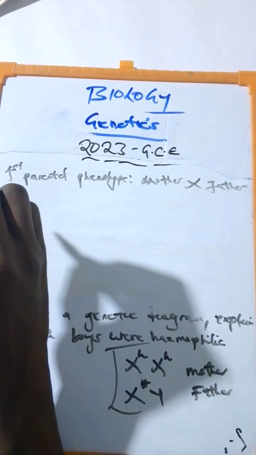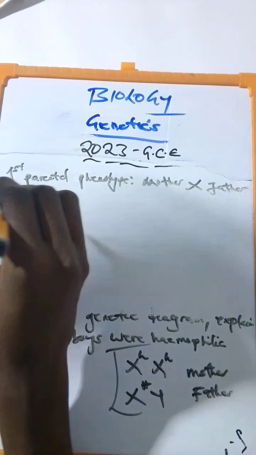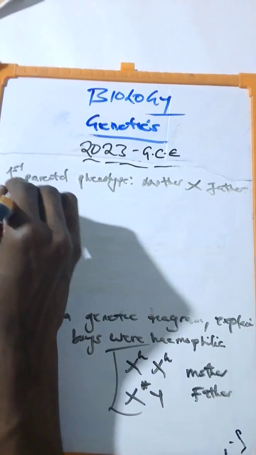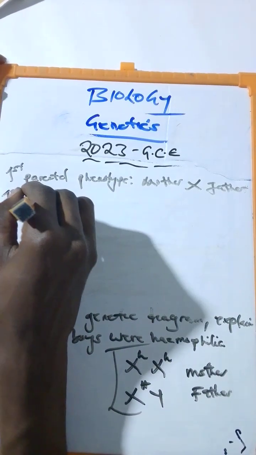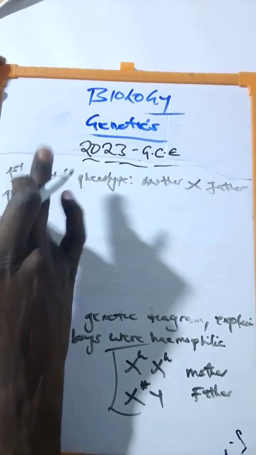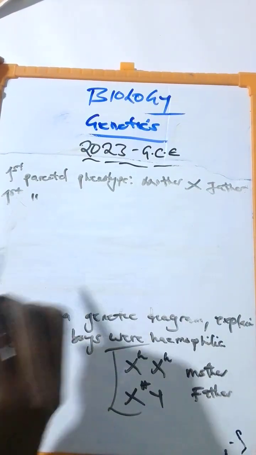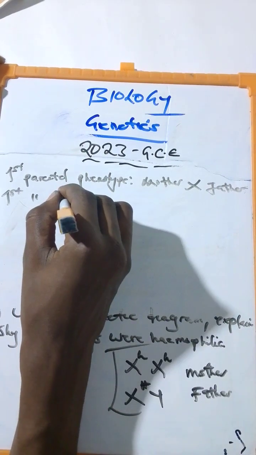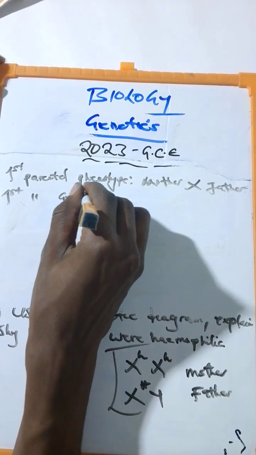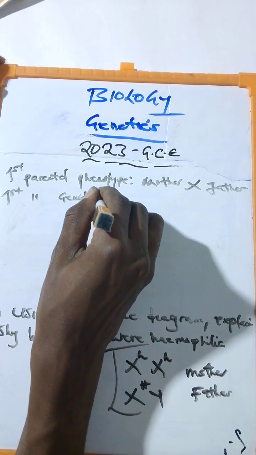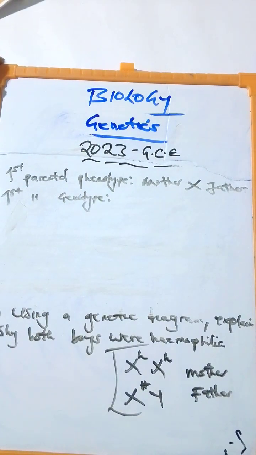Then first parental, so I'll just use my dots. So first parental. Now in this case, we're going to put the genotype, the genetic makeup. So we have already the genotypes.